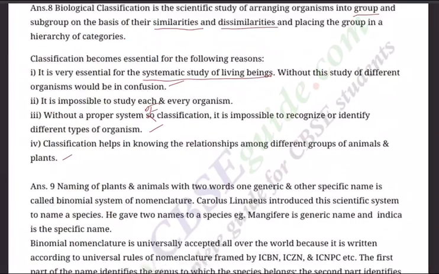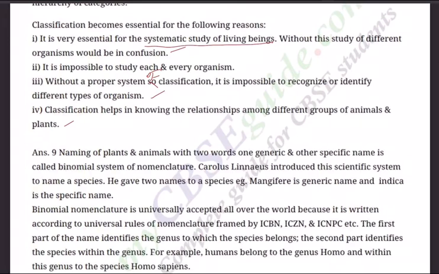Question number 9. Naming of plants and animals with two words, one generic, other specific name, is called the binomial system of nomenclature. Just now we talked about Homo sapiens. Carl Linnaeus introduced this scientific system to name a species. He gave two names to species, like Mangifera is the generic name, M is capital, observe. And indica, I small letter, is the specific name.